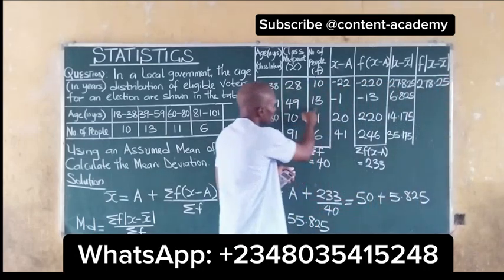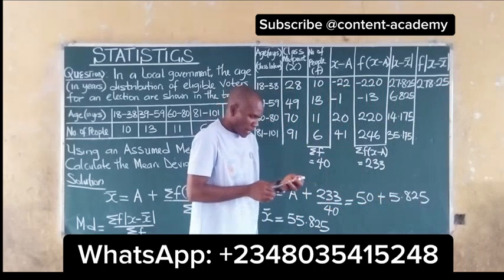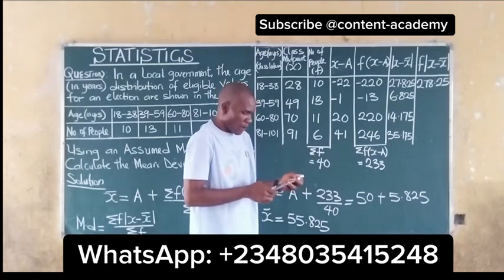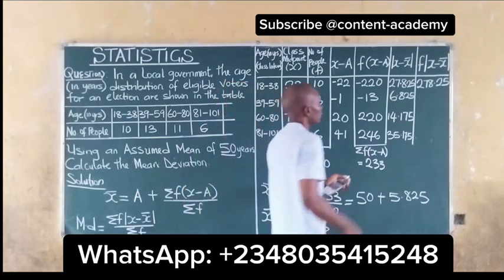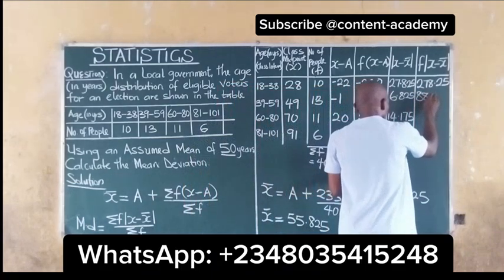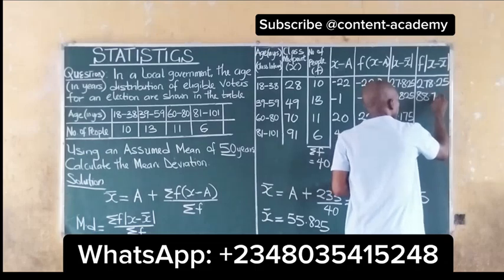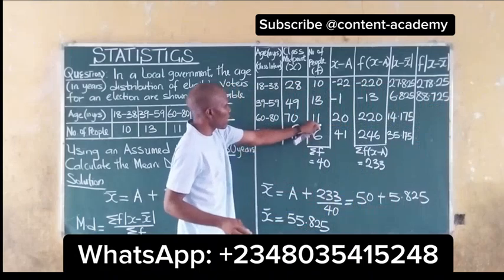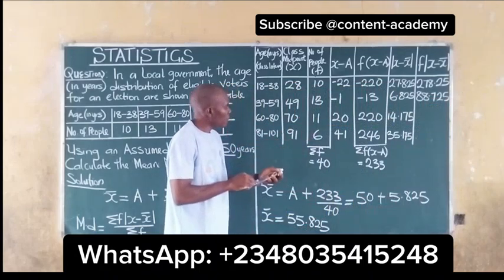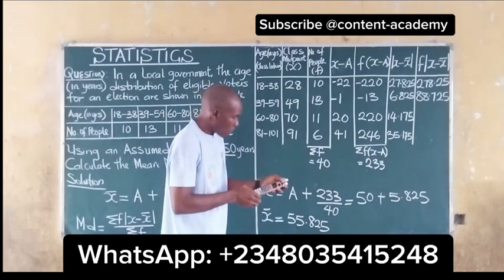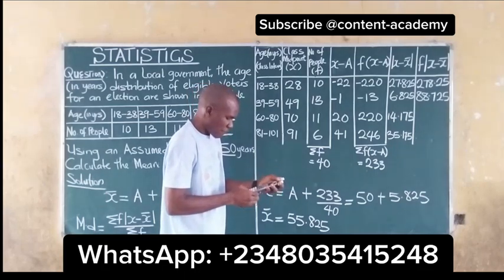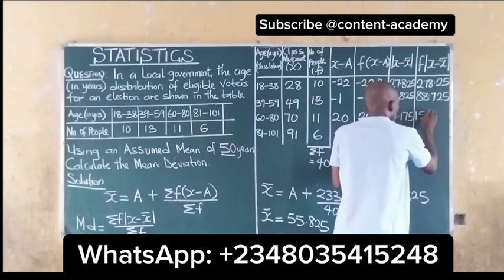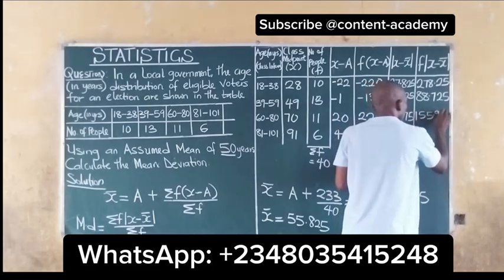We also have 13 multiplied by 6.825, which is 88.725. Now 11 multiplied by 14.175 gives 155.925.